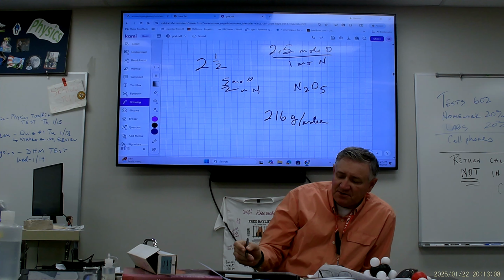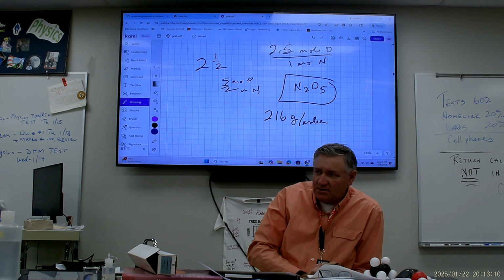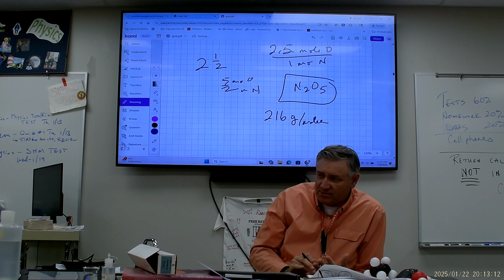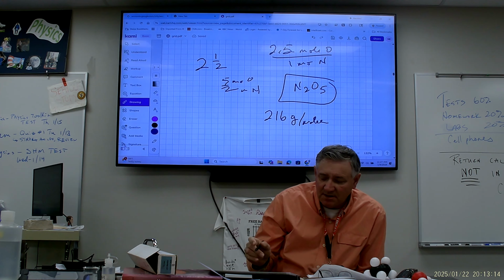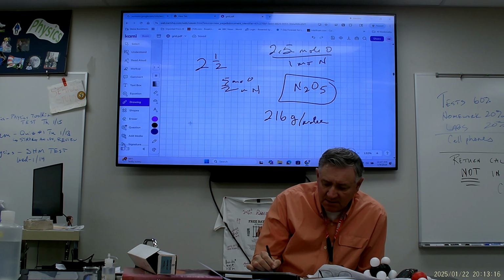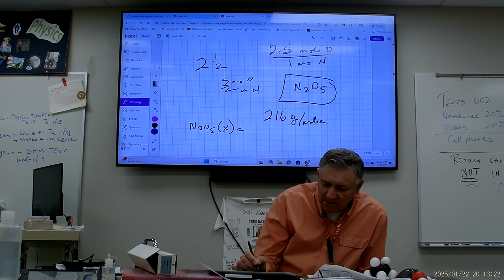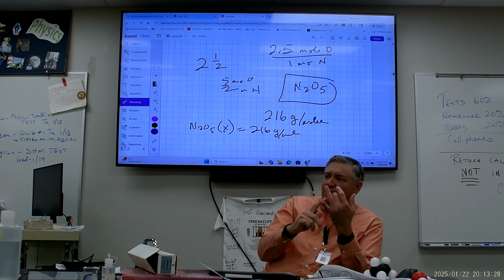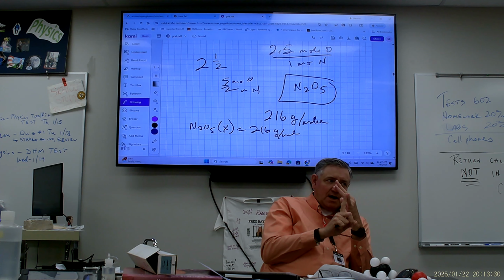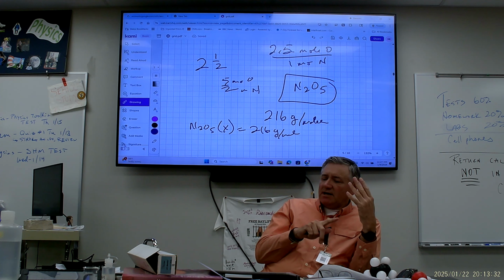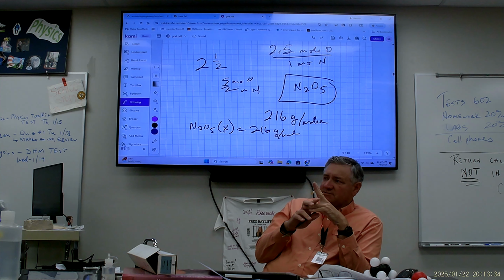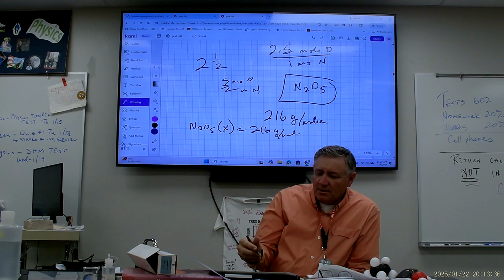So here's what you're going to do. Find the molar mass of N2O5. Okay? Take 2 nitrogen, 5 oxygen. So the molar mass of N2O5 times some multiple is going to equal 216 grams per mole. So once you find the molar mass of your N2O5, take 2 times 14 plus 5 times 16, you're going to get a number.